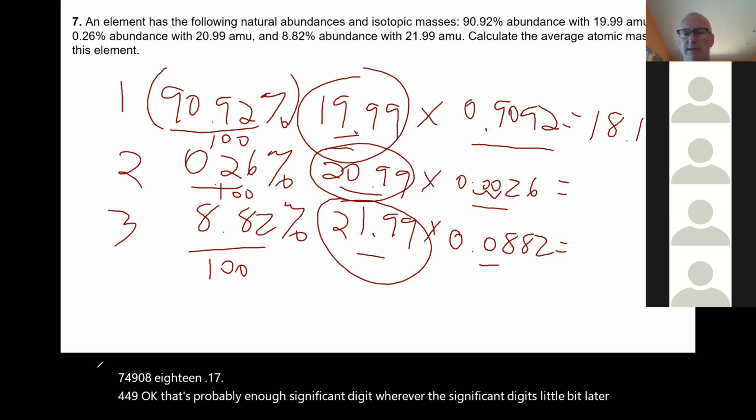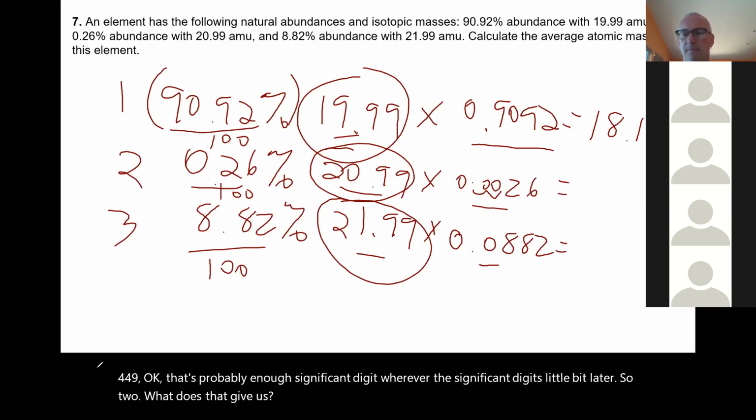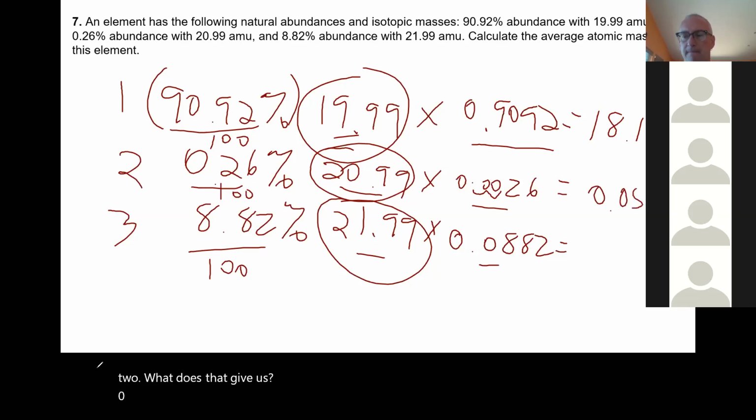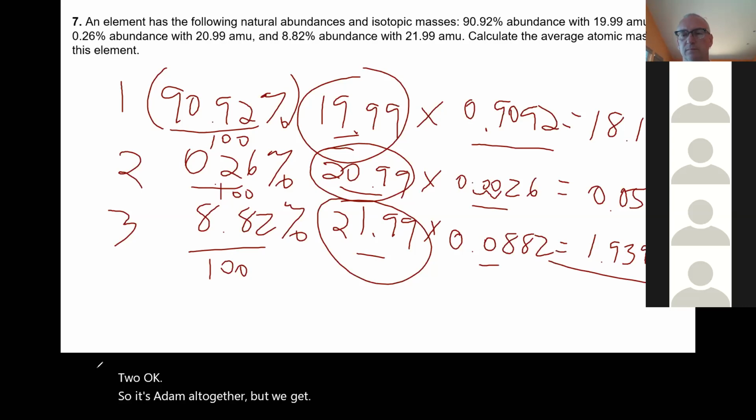So 2, what does that give us? 0.05457. Okay, and the third one? 1.939518. Okay, so let's add them all together. What do we get? 20.169.